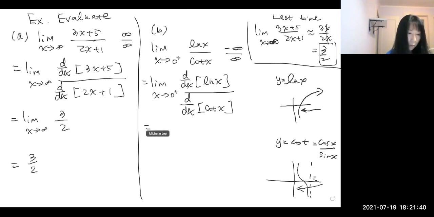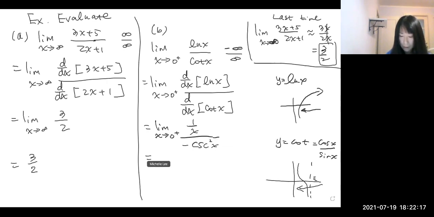What do you get for the numerator? 1/x. Very good, thank you. What about the denominator? Is it cosecant squared x? Negative cosecant squared x. Very good, okay?